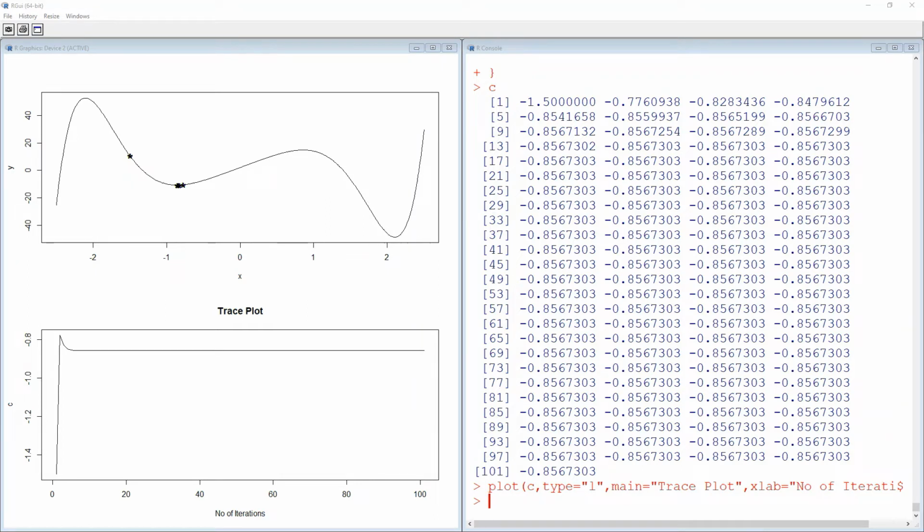Let me change a little bit. Let's suppose I put C as 2.1 or 2.5. C as 2.5, and let's run this whole line of code again.